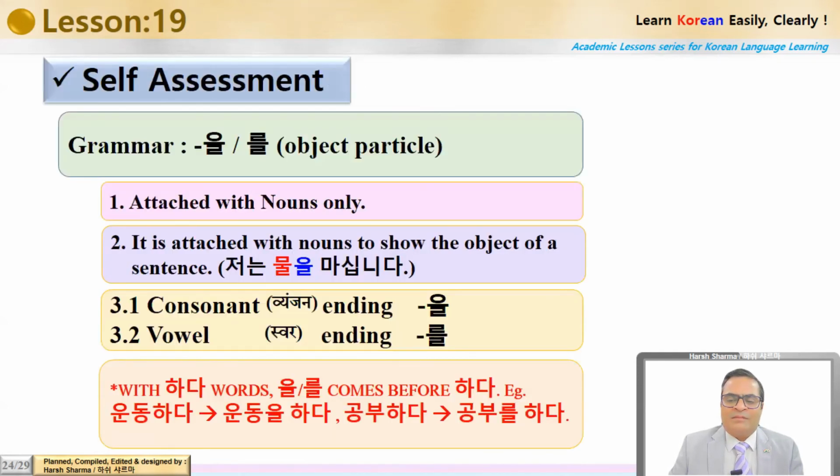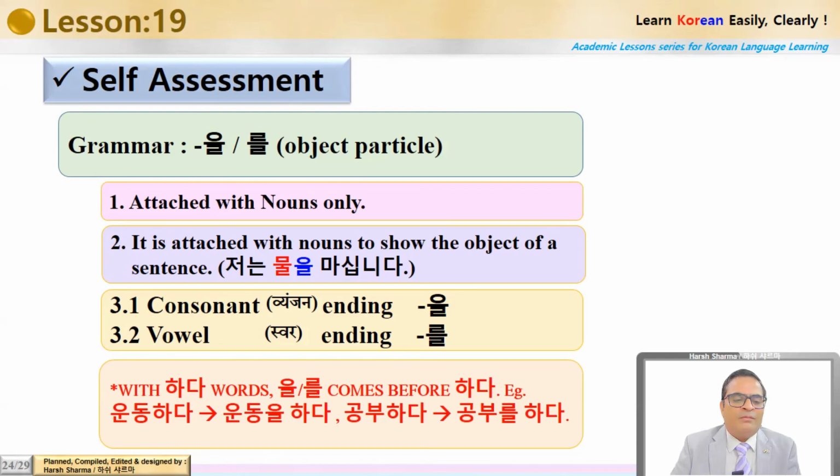So let's do the self-assessment. Let's wrap up this lesson 19. Grammar is ul, ril, object particle. Rule number 1, attached with nouns only. What is the use? It is attached with nouns to show the object of a sentence. 저는 물을 마십니다. Here the object is 물.